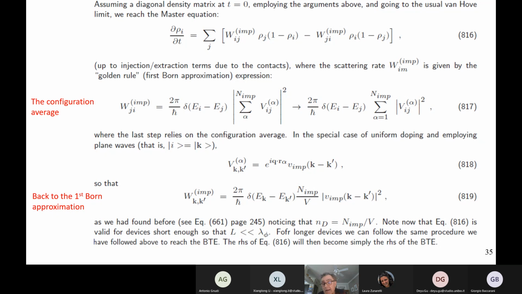If the device is very short and also narrow, I should add, then this doesn't happen. And in principle, I would expect that you can get some noise or some effect of the surface scattering which is reproducible and not averaged out. So I think that it's a dimension of the sample that matters here.